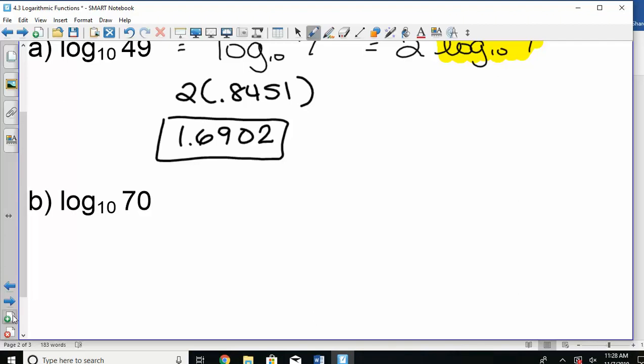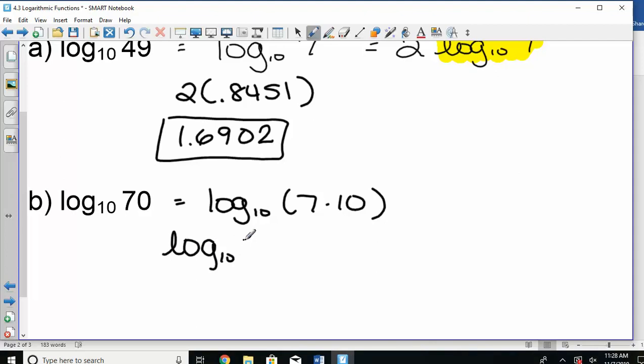How would I rewrite B? Now properties of logs, we can split that up. Log of the first plus log of the second.